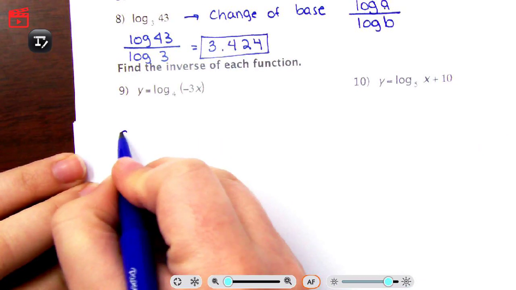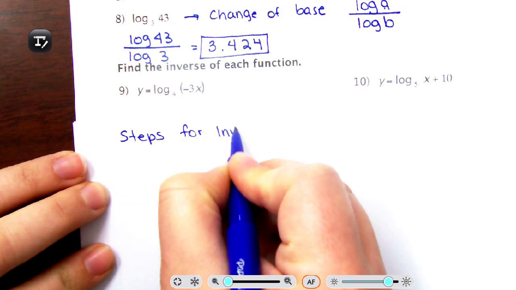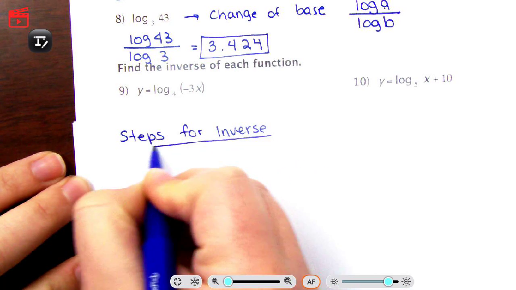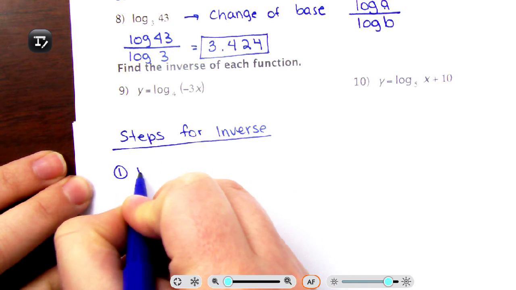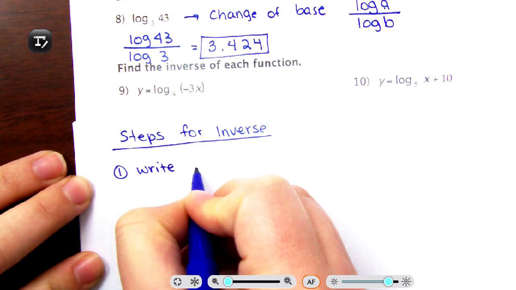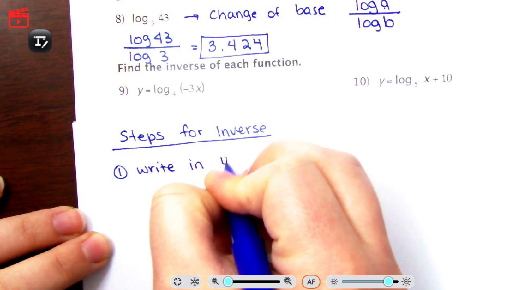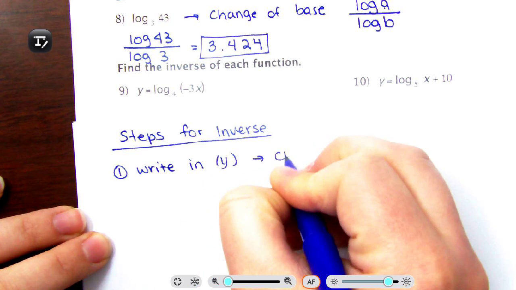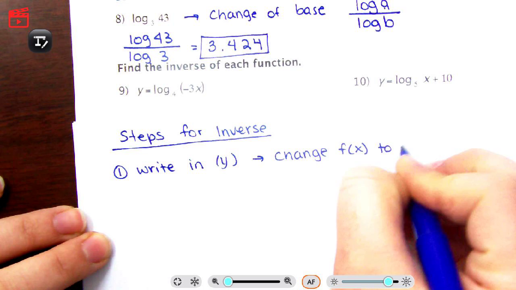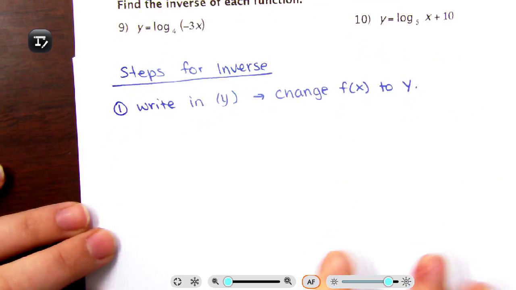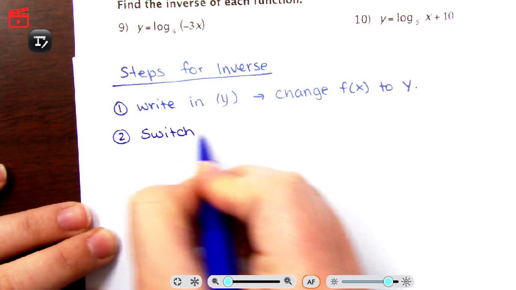So steps for inverse is exactly the same thing that we did before. Step number 1, rewrite in terms of y. So for example, change your f of x or f of whatever to y. After that, you're going to switch your x and y.